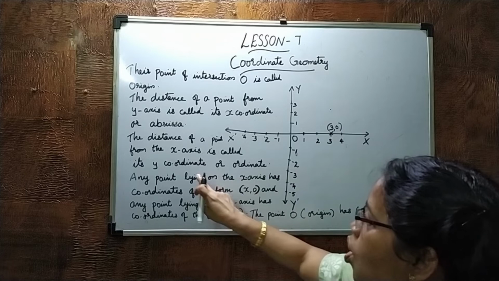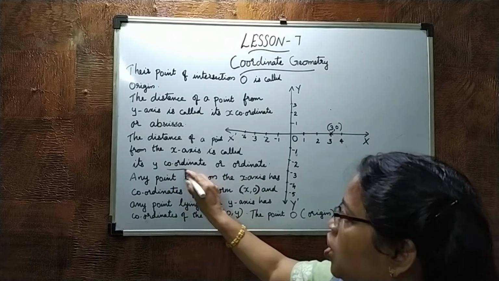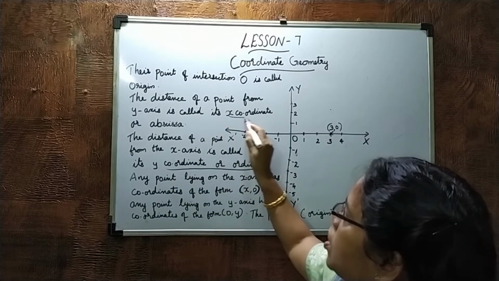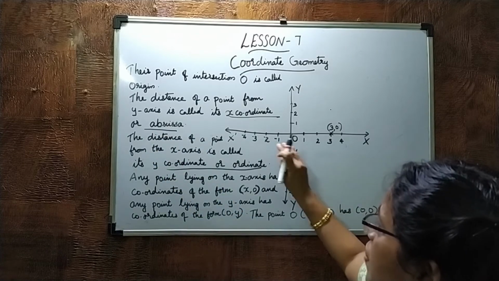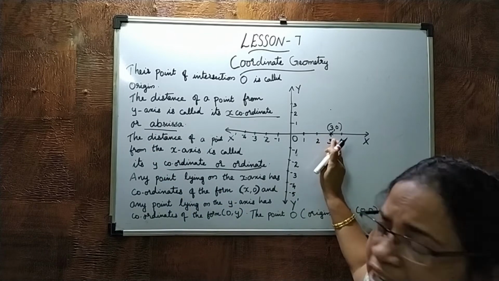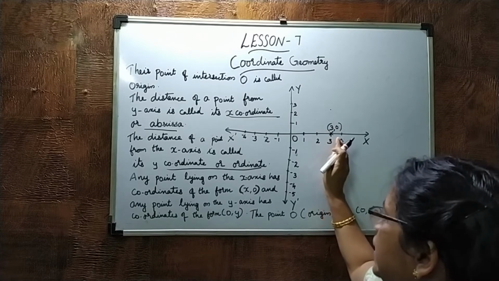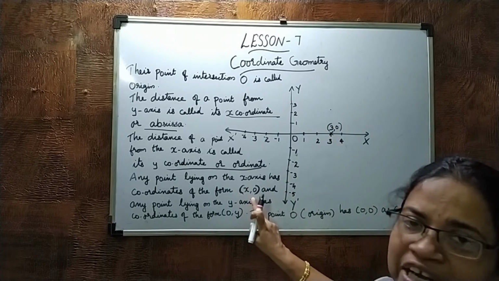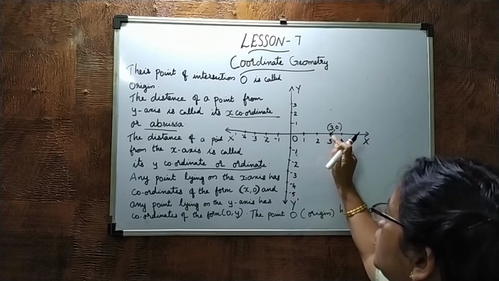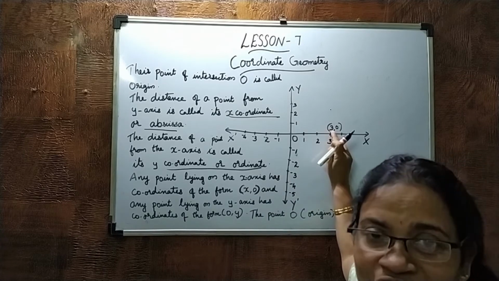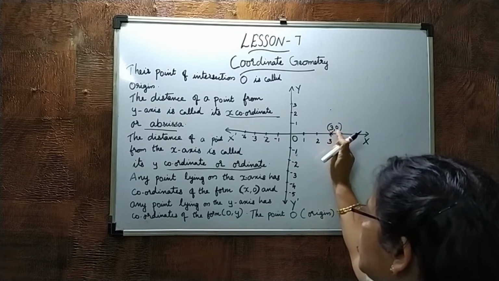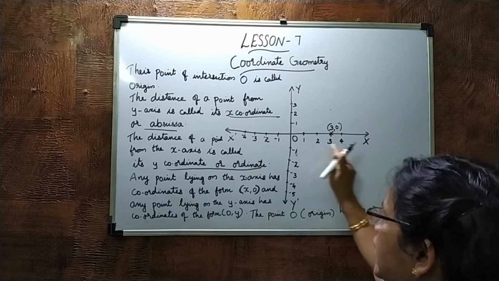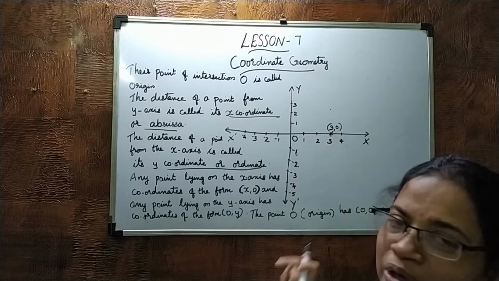It is the ordinate or y coordinate. If a point lies on the x axis, its coordinates will be (x, 0). You have to write the x coordinate, the abscissa, first, then the y coordinate. So on the x axis, the y coordinate will be 0.